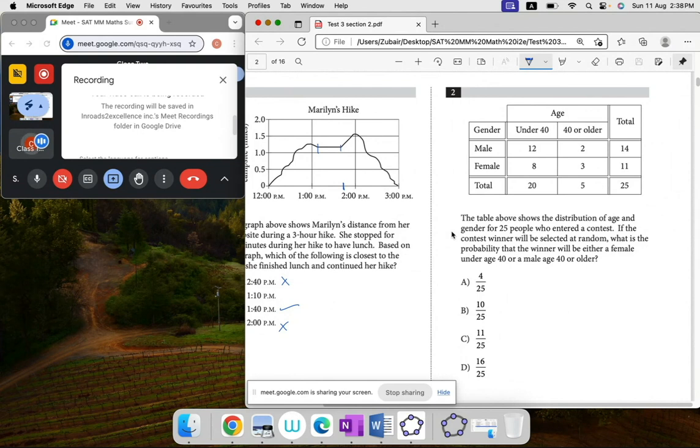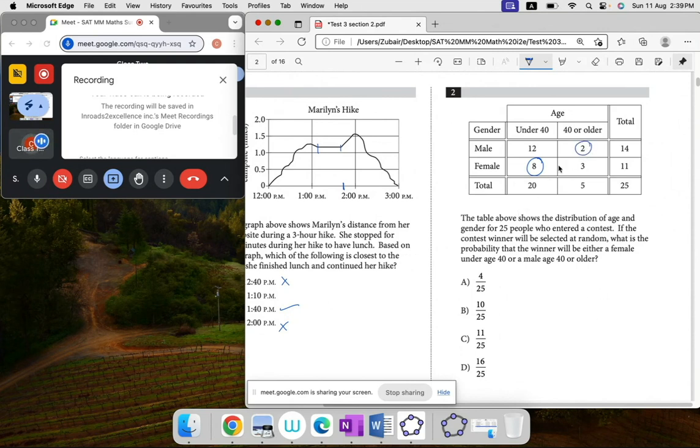The table above shows the distribution of age and gender for 25 people who entered a contest. If the contest winner will be selected at random, what is the probability that the winner will be either a female under age 40, or a male age 40 or older?